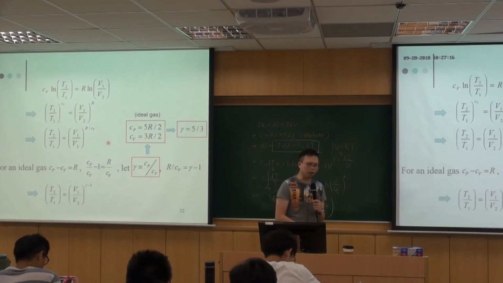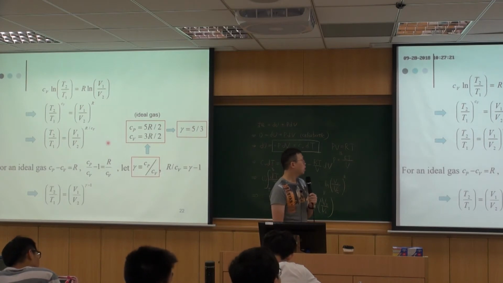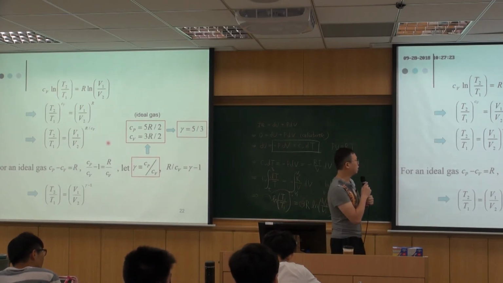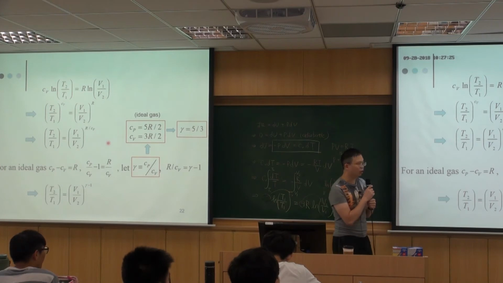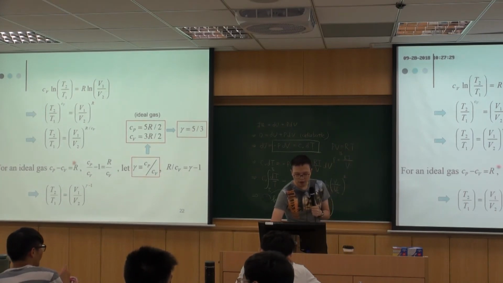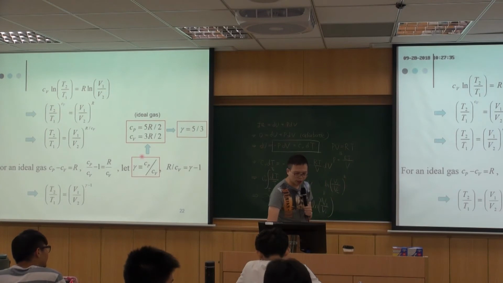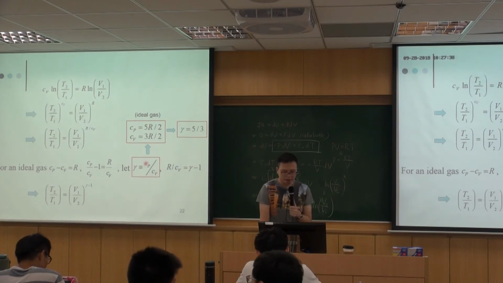So now we take into account the property of CP and CV. We know that CP and CV differ by a constant R. Therefore, we can define a term called gamma, which is the ratio between CP and CV.